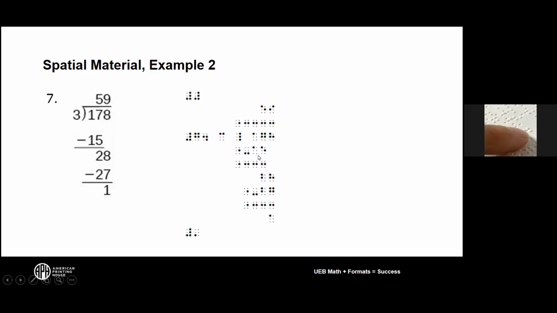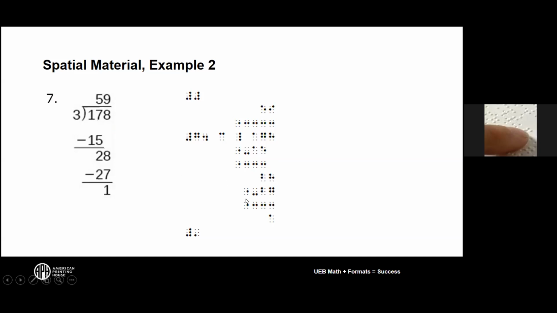We've got a minus 15. We followed print for how long the separation lines are. This separation line includes the minus sign as well as the 1, 5 and the 2 below, right? So 17 minus 15 is 2. And this separation line does not extend over the 8. We followed suit in Braille. This separation line does not extend over the 8.